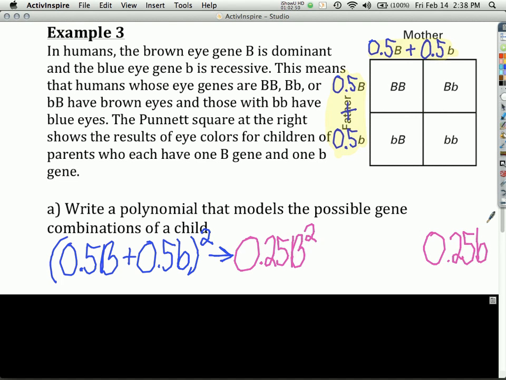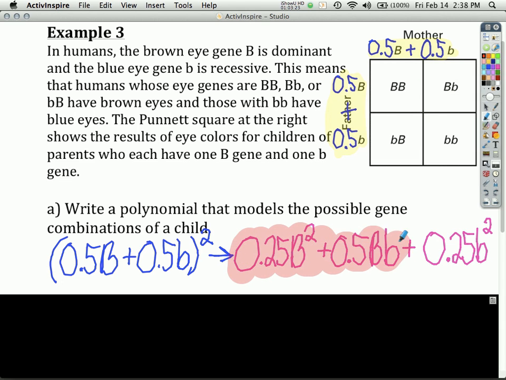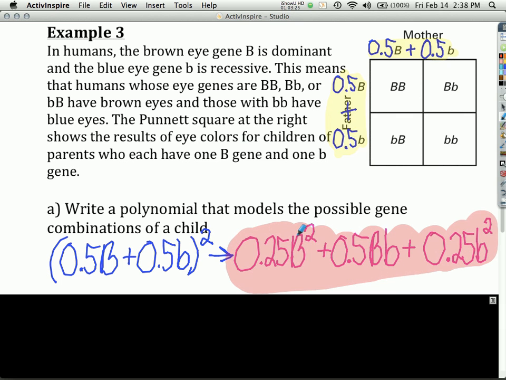0.25 little b squared. But the square of the binomial pattern has the middle term. So now we have to multiply this times 2. What will we get as a result of that? 0.5 big B little b. And so now we have written out a polynomial, a mathematical expression, to represent the Punnett square that you studied in science.